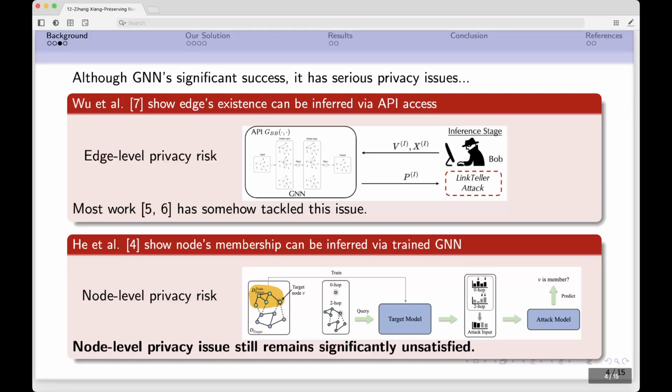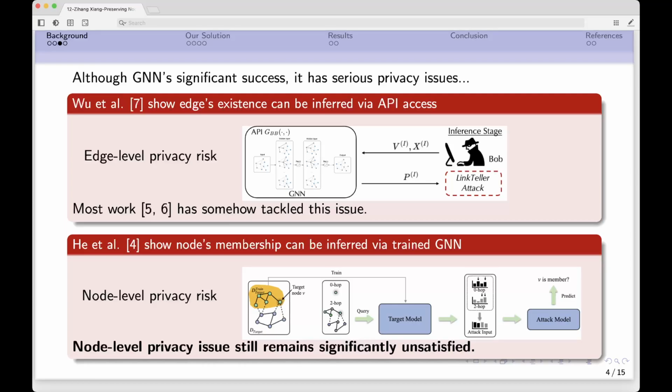Although graph neural network has seen many successful applications, it has serious privacy issues. For instance, shown in the upper block, some work has shown that given API access to the learned model, the existence of the edges between nodes that is interesting to the adversary can be inferred with confidence.